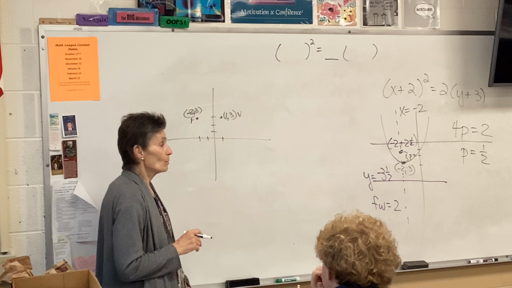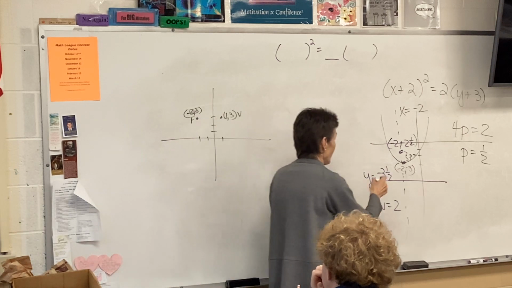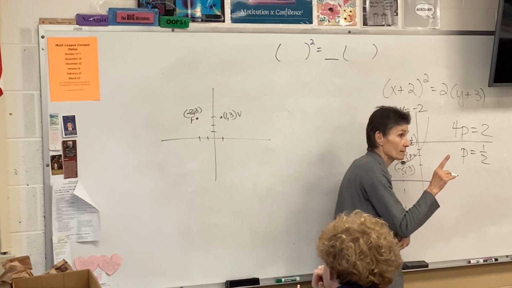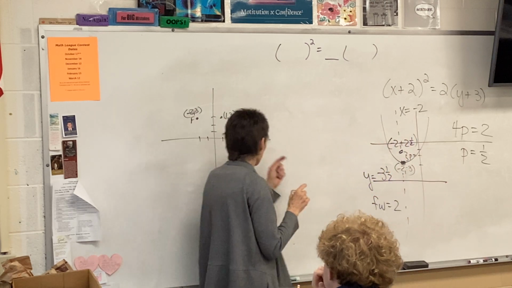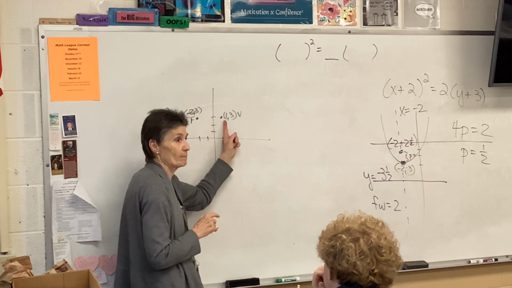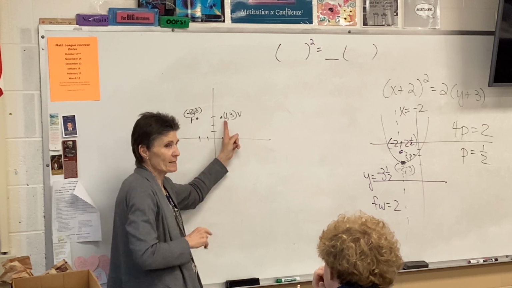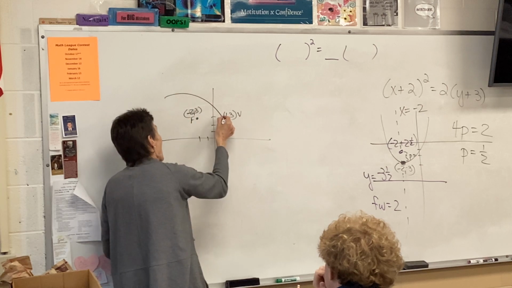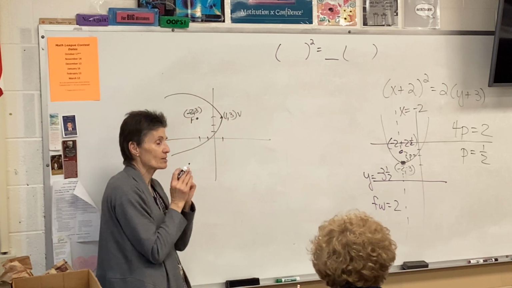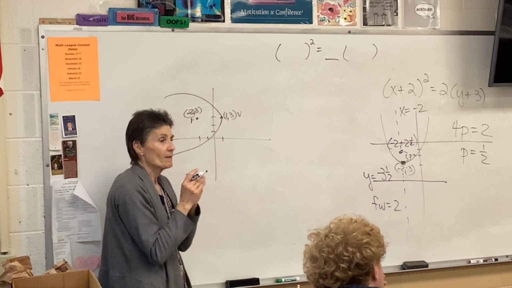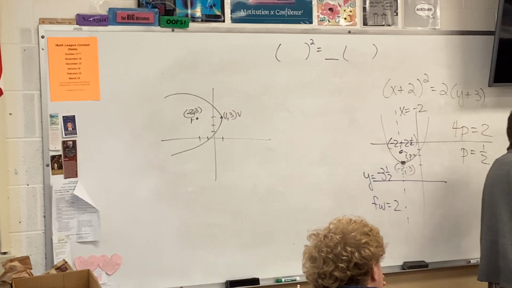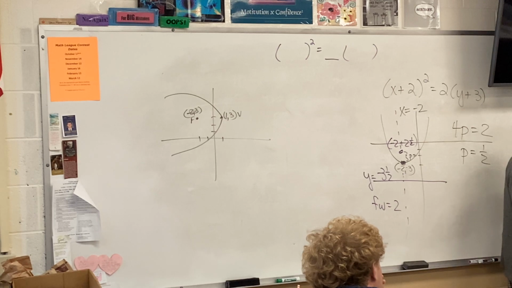Now, remember that your parabola opens from the vertex. So it's gonna open from this point. Now, which way is it gonna open? It's gonna go left. How do we know it has to go left? The focus is inside it. So isn't the only way that could possibly open is left?